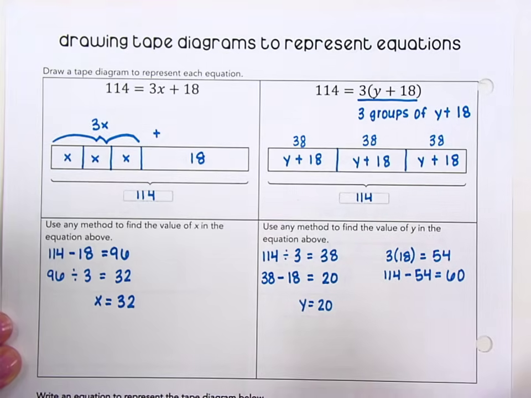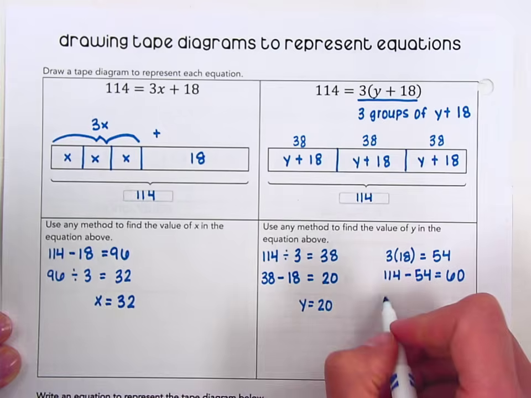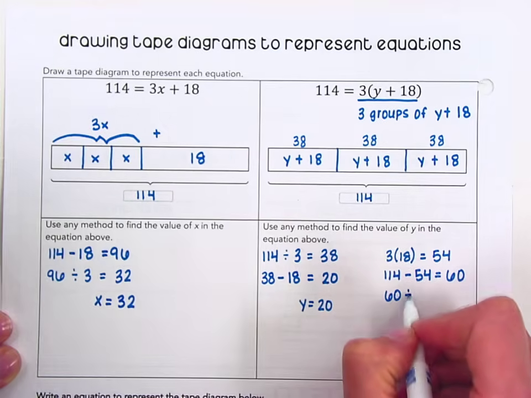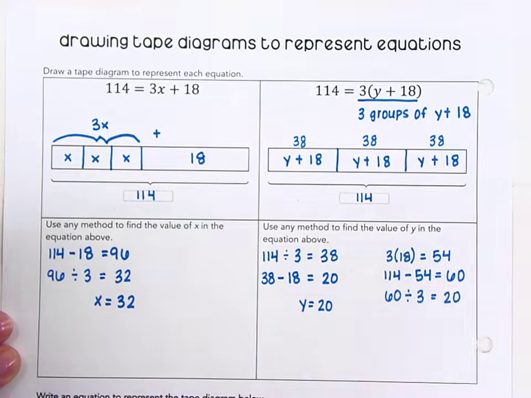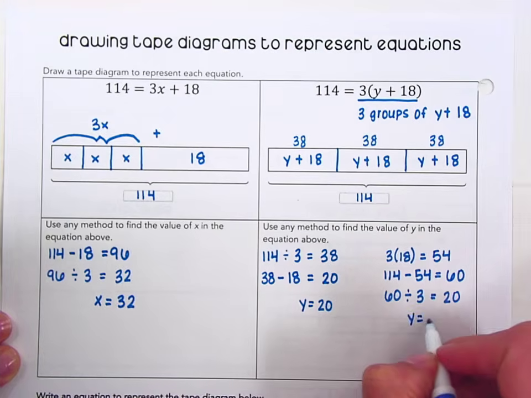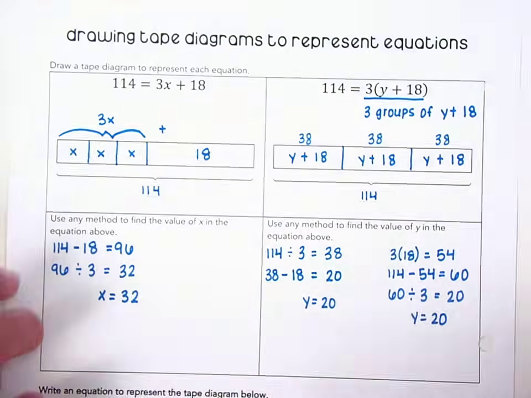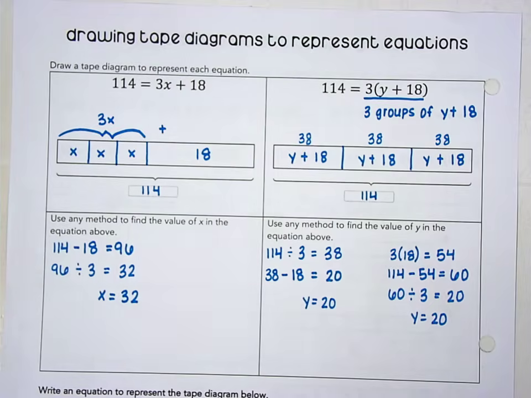Now that I have my 3 groups of y remaining, I can do 60 divided by 3 to find that each group of y represents 20, or y is equal to 20. So we have 2 different ways of coming to that value of y, but both get us to the same place.